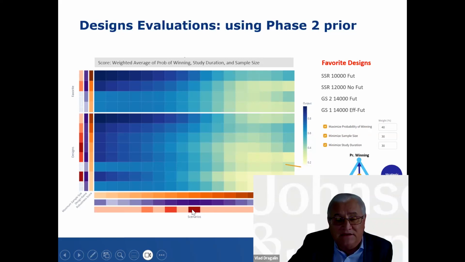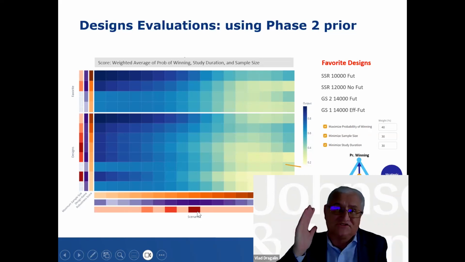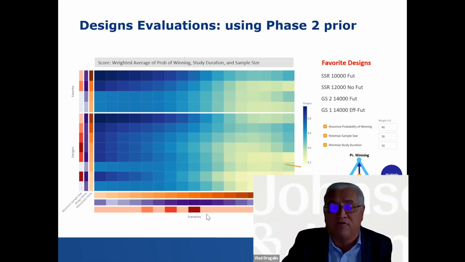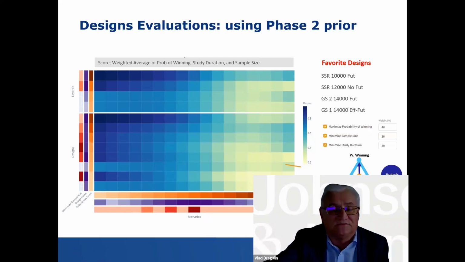So 0.8, it was predicted from phase 2, probably is the most likely. But there is a belief that, yes, the drug has potential to be even 0.7. Now, if you take only this in consideration, you may either plan a very straightforward design powering for hazard ratio 0.8, but that will require a lot of subjects.